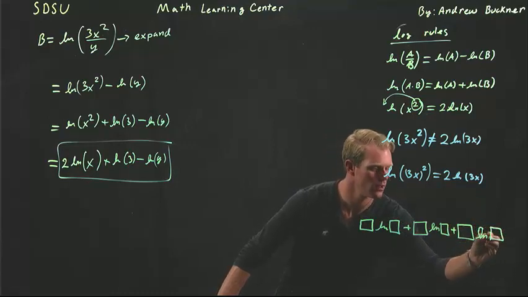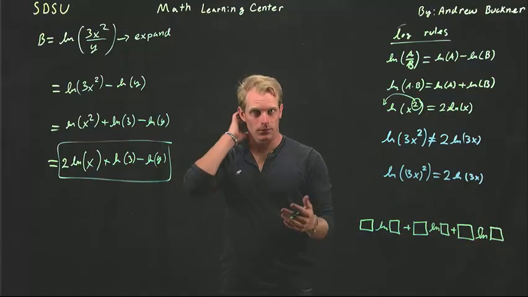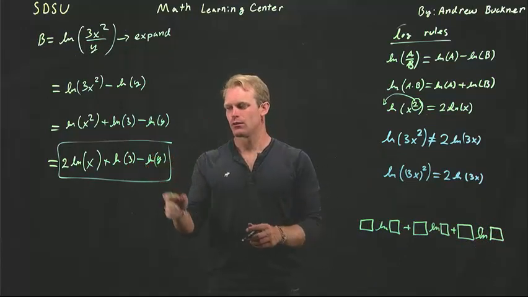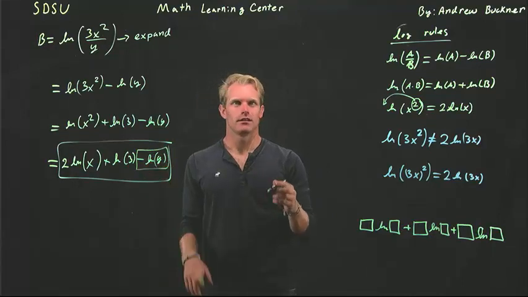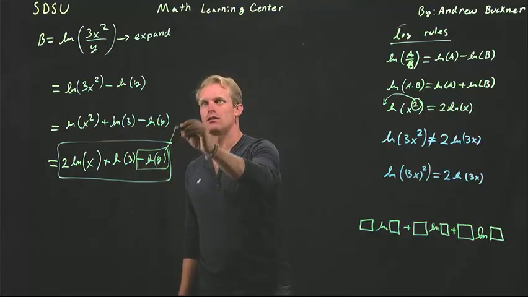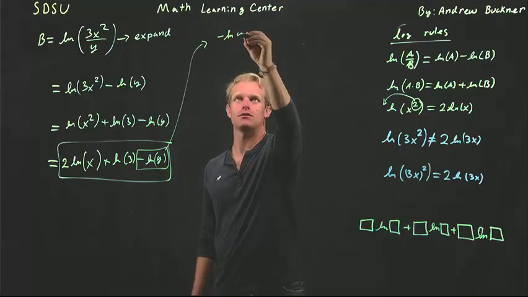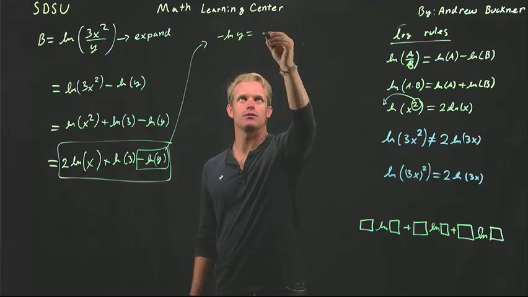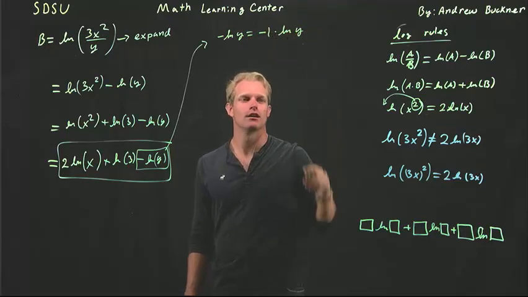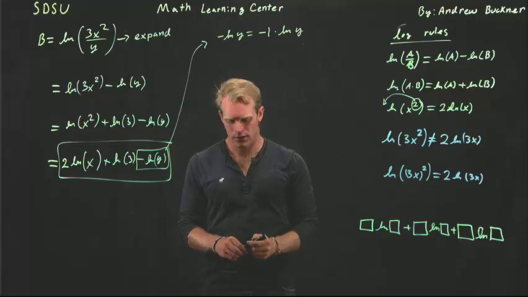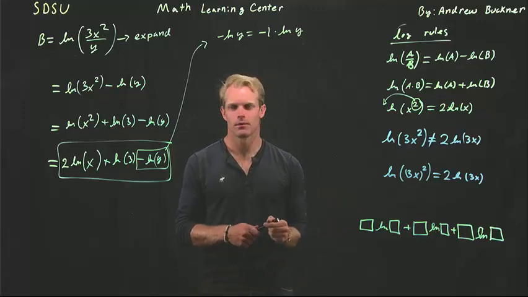With this answer, I messed up on this myself when I worked the problem out, so you want to be careful with this term. When it has a negative natural log of y, that also equals a negative 1 times the natural log of y. So when you're plugging in your answers here, I'm going to use a different color so you see the answers versus just the box.